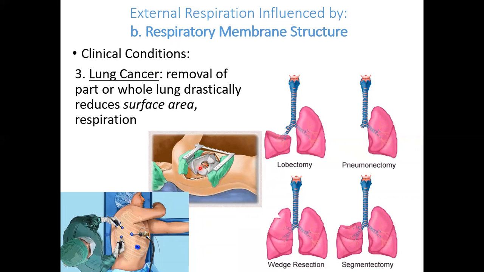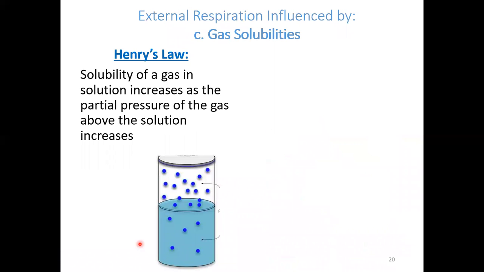Of course, this will greatly increase healing time and be very, very painful. Now, many of these surgeries can be conducted laparoscopically, so just with a few small incisions without actually having to remove the ribs and the skin and the muscles and everything to get to the lungs. So go science.